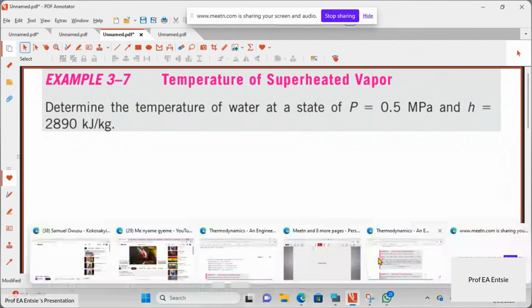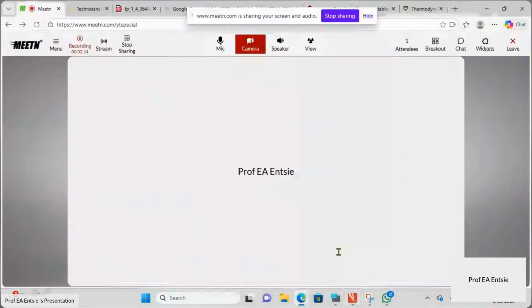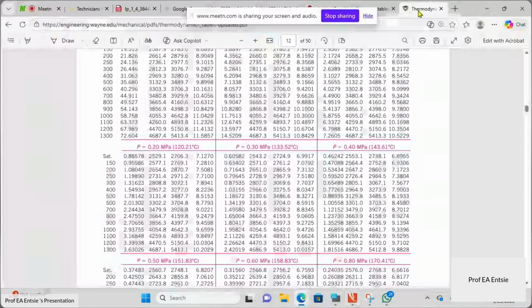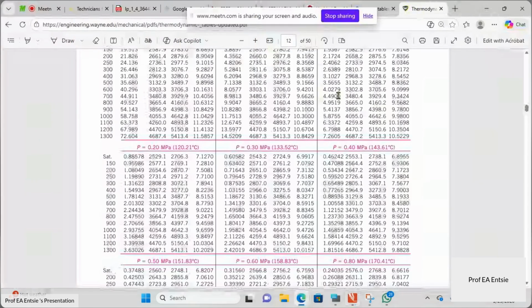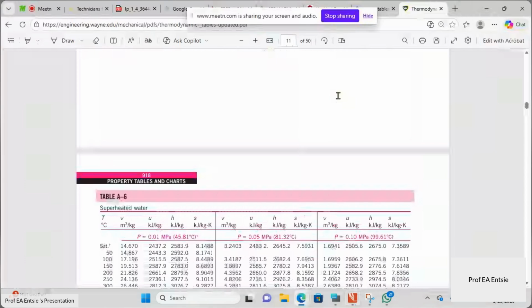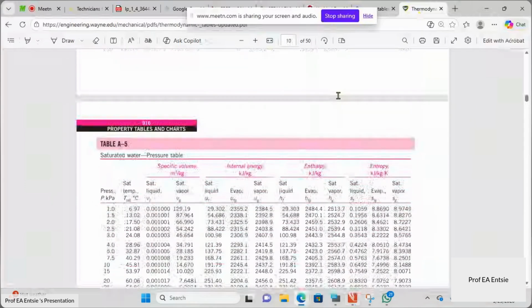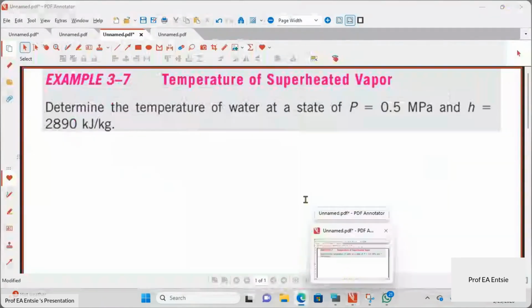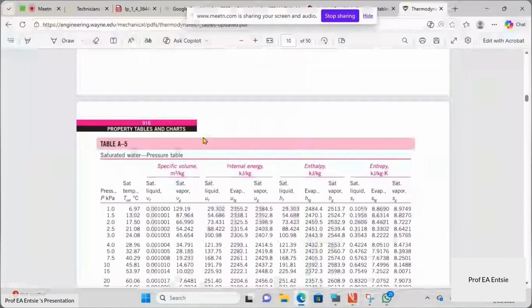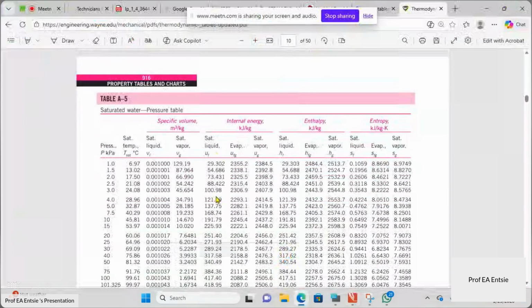Then saturated water is up here. You look for what? What did they give us? In the problem they gave us pressure. So you go to pressure table, and mind you 0.5 megapascal is equal to 500 kilopascal. So you multiply by what? 1,000.